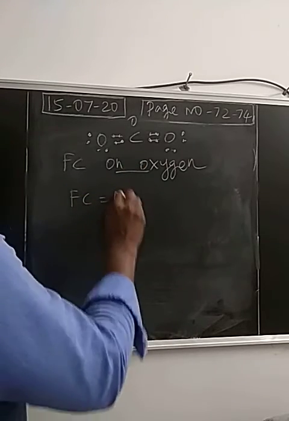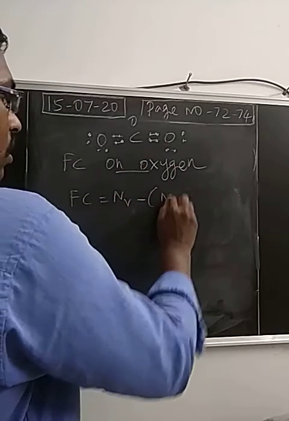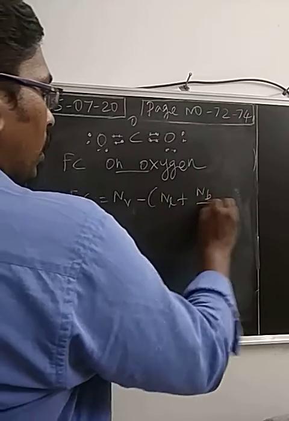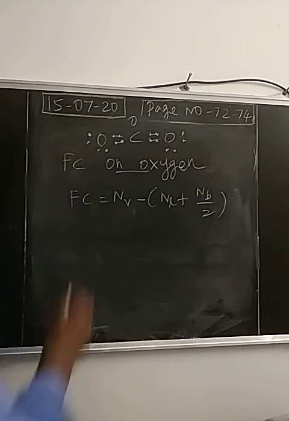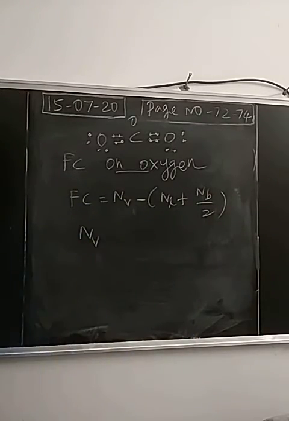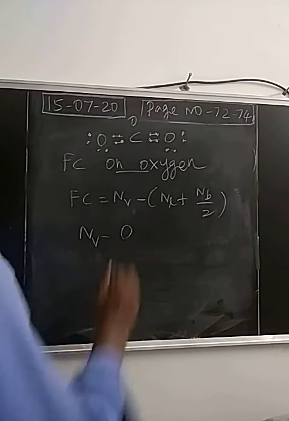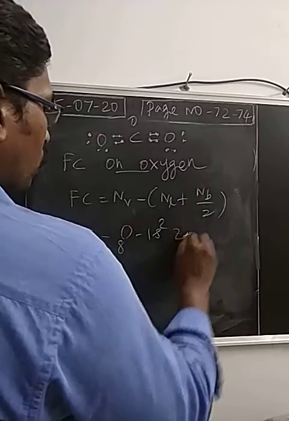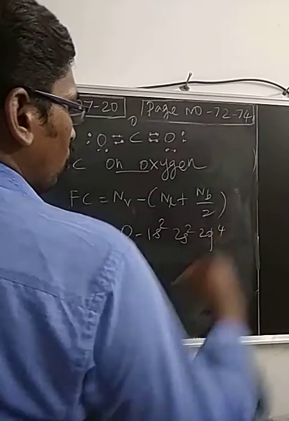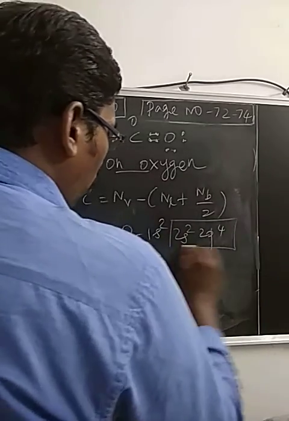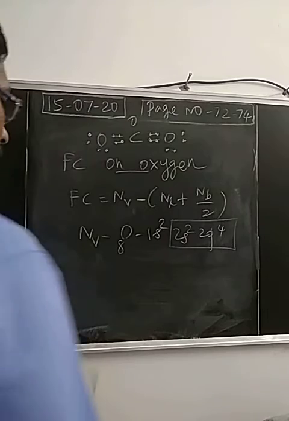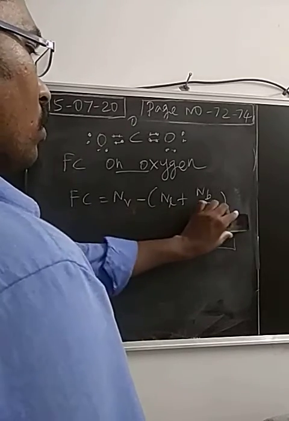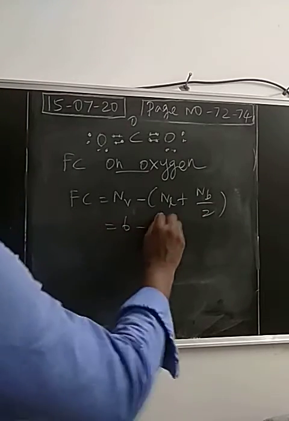Formal charge is equal to Nv minus Nl plus Nb by 2. So, number of valence electrons of oxygen: atomic number 8, electronic configuration 1s2, 2s2, 2p4. So the outermost shell contains 6 electrons, so Nv value is 6.